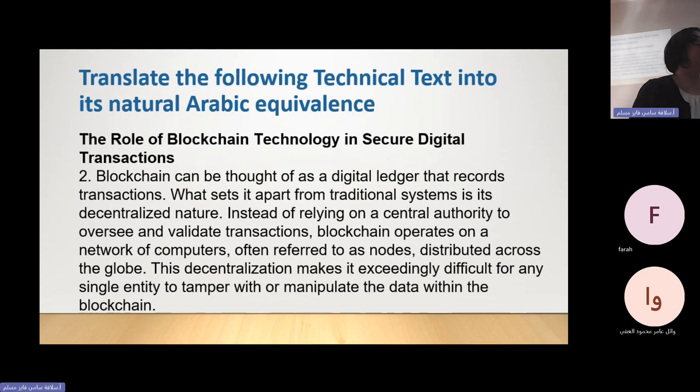The last one يلا. حافظة رقمية. Nicely done.